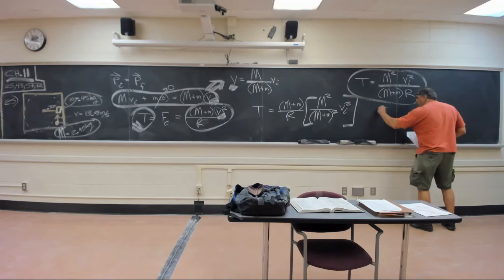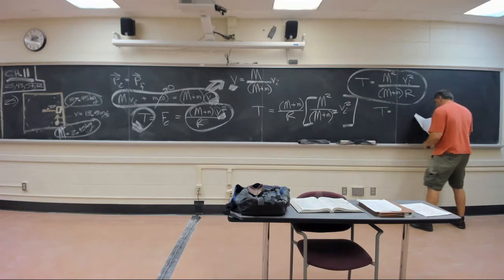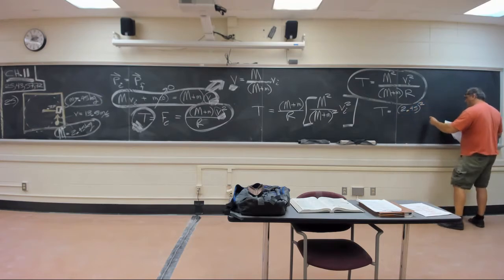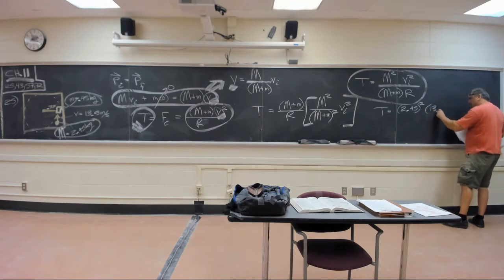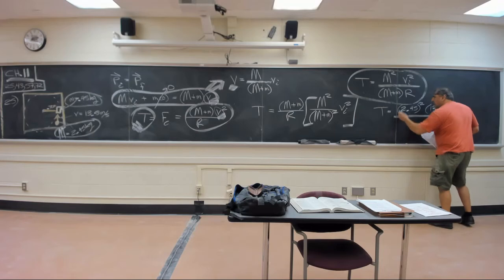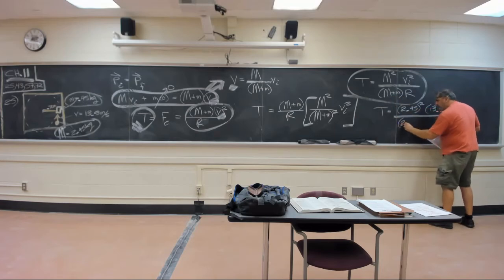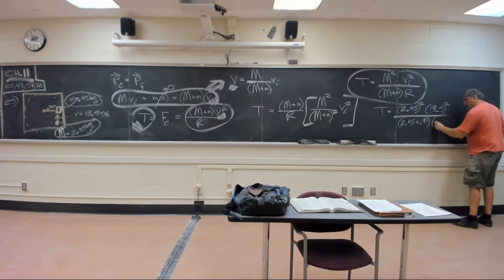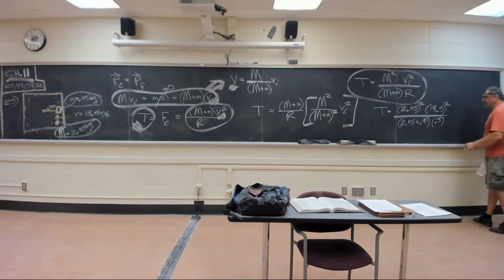If you just walk it through, capital M is 2.45 squared. VI is 13.5, and you're going to be squaring it. This and this is, as we said, 2.45 plus 0.45. It's 2.9. R is 0.3. The rest is arithmetic.